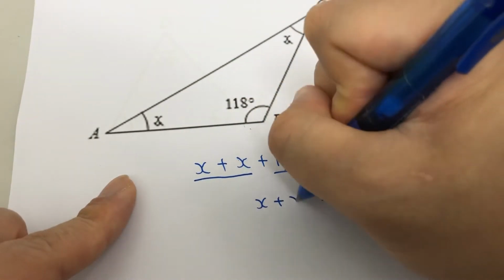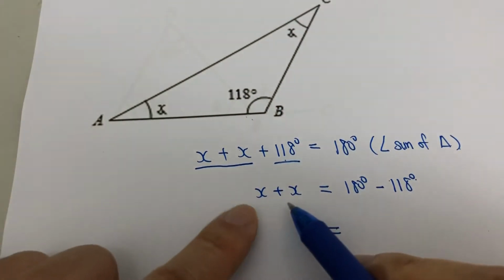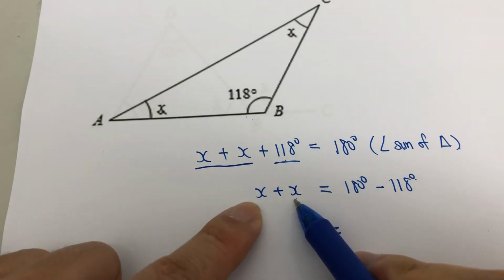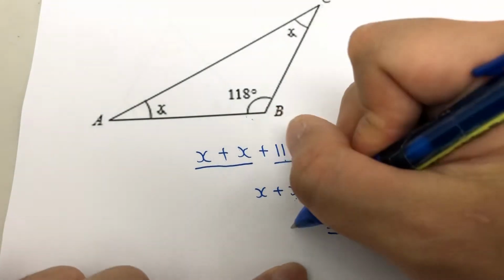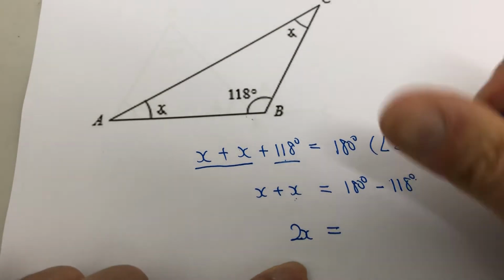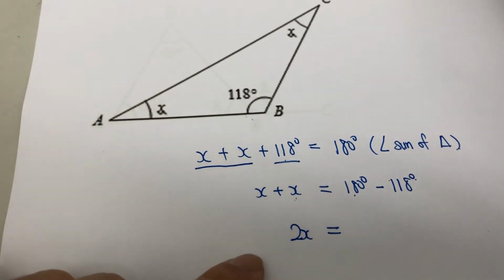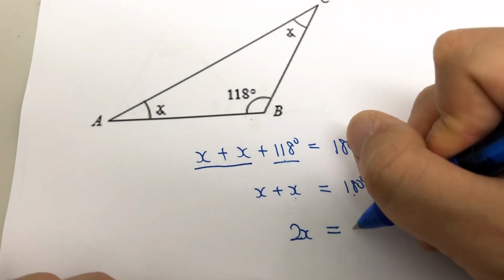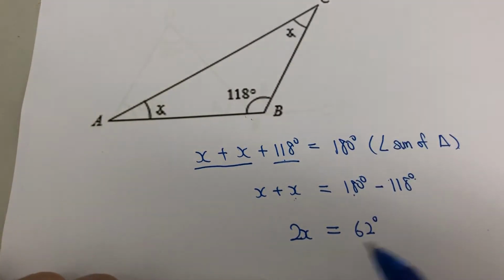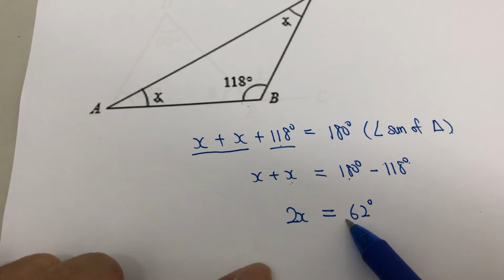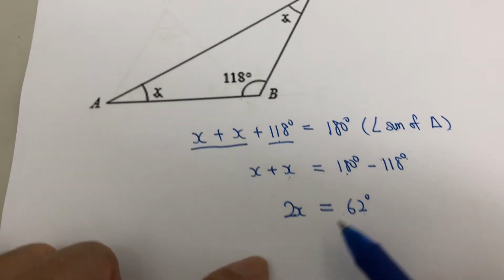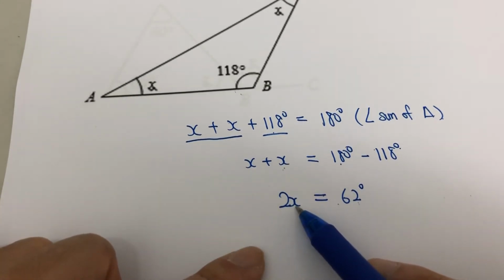Becomes negative 118 degrees. Then what about these two angles? x plus x. Do you think that we could add them up? x plus x becomes how many x? Yes, becomes 2x. 2x equals 180 minus 118 equals 62 degrees. So 2x equals 62 degrees, right? Now, what to do next? We want to know what is x.